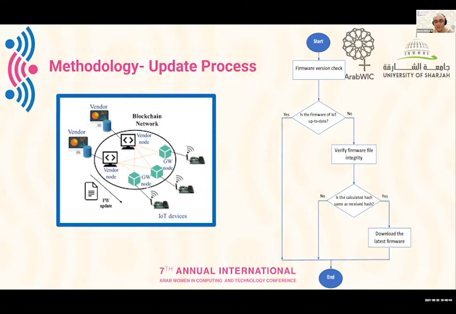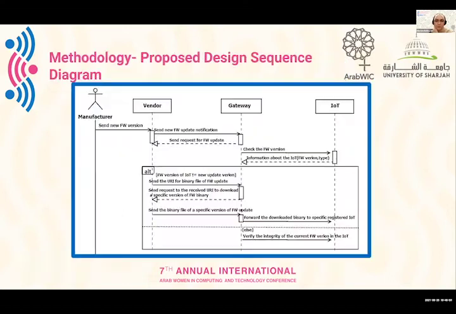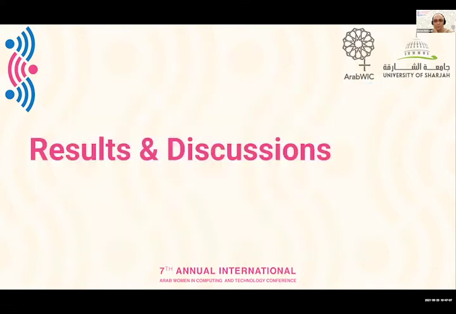If they are the same hash, then we can download it to the IoT device. So now we provide a secure environment, and again, the firmware check is done inside the blockchain network in the gateway node. This is another explanation of our methodology in a sequence diagram.